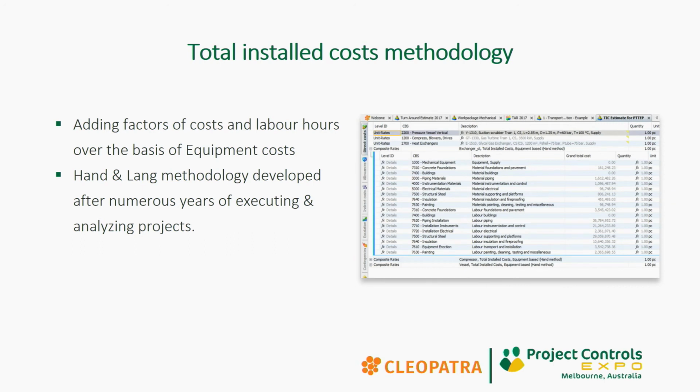One of the things that we derive from that, with we being not so much Cleopatra but the industry, is a total installed cost methodology based on equipment. It's one of the typical approaches in the process industry, for instance the Hand method or the Lang method.